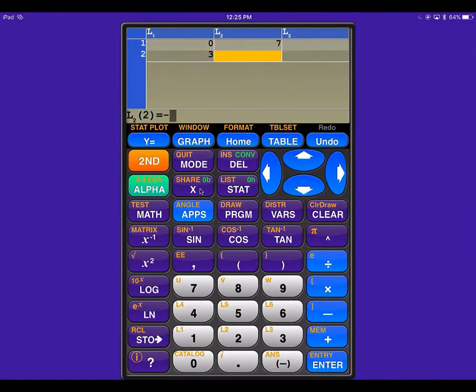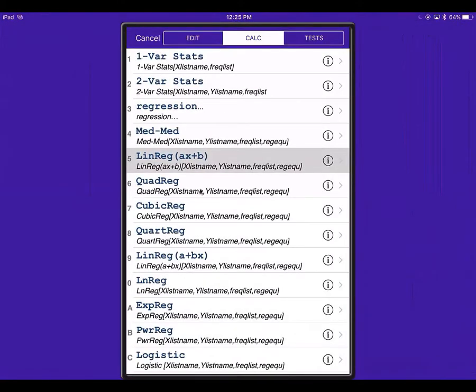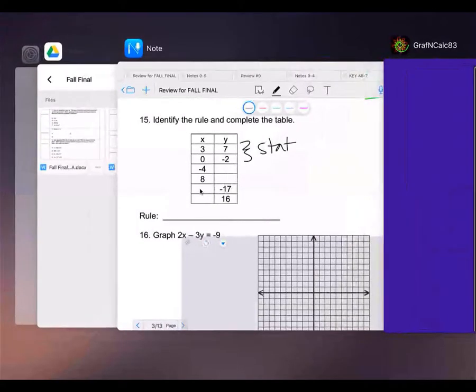Okay, so stat, calc, 4, enter, enter, enter. So our equation is 3x minus 2.